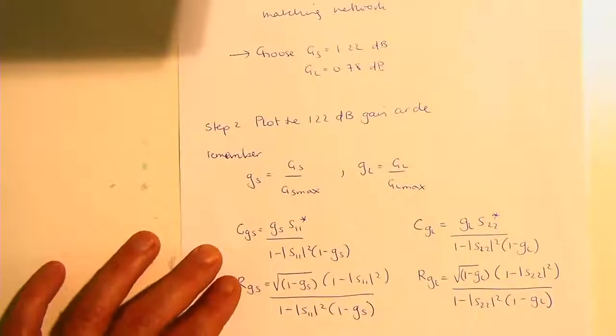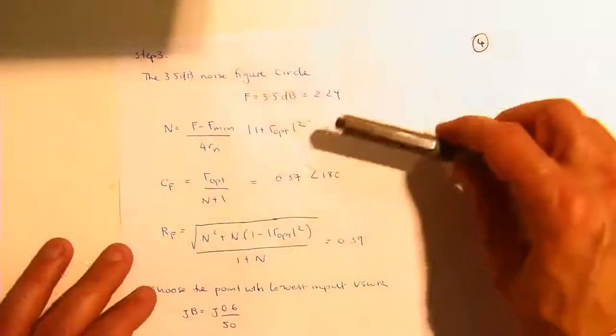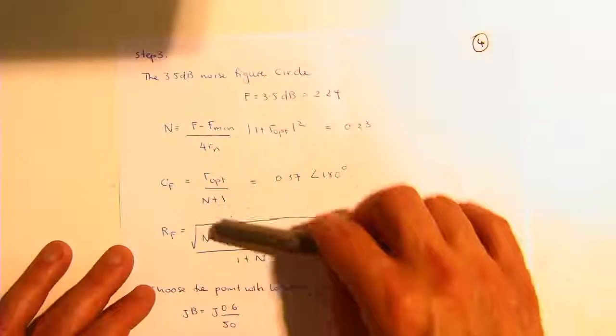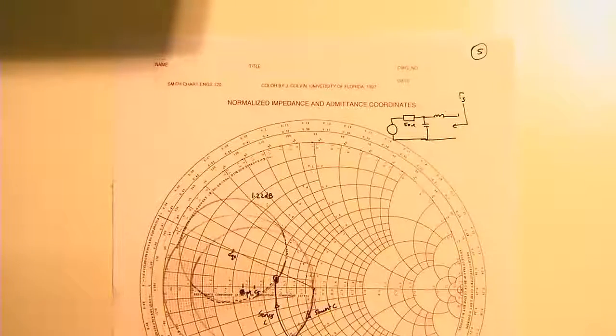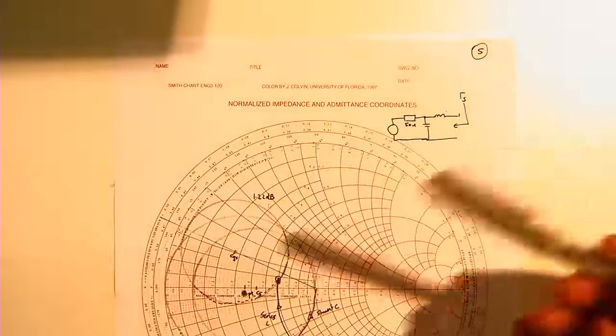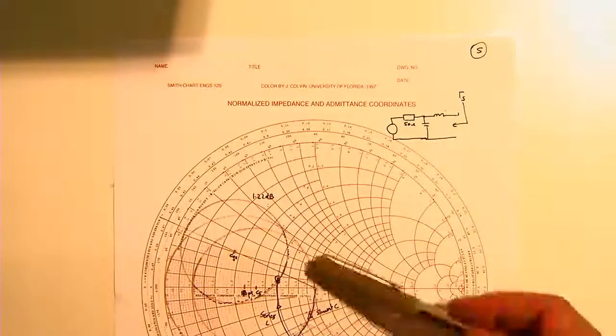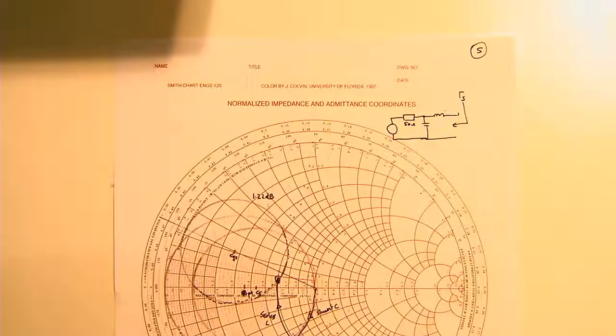Right, and then what we went through is we also worked out the noise circle center and radius. And then what we did was we plotted these on this. I was getting a bit excited a few nights ago, so I decided to download an impedance/admittance Smith chart, and we drew both the gain circle and also the noise circle for this particular configuration.